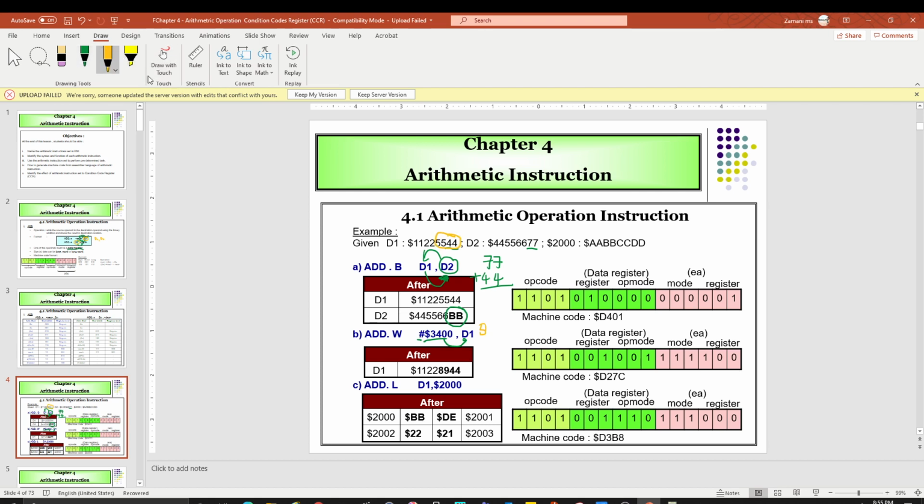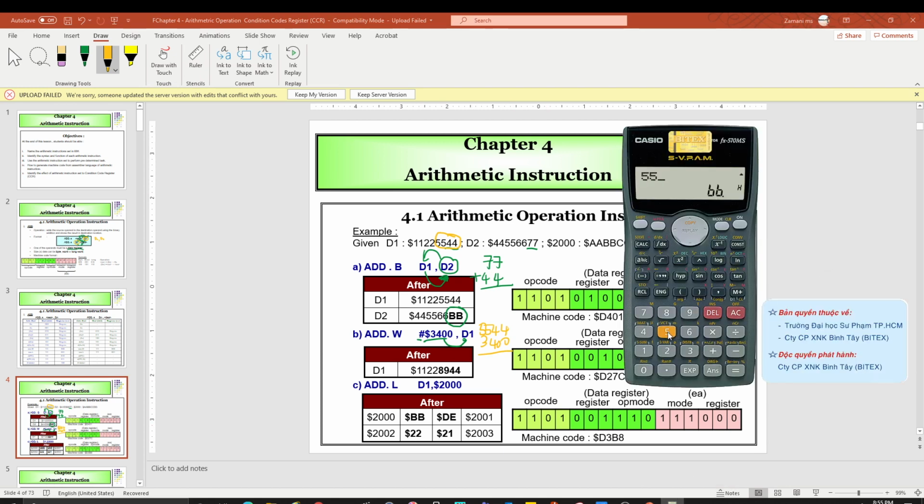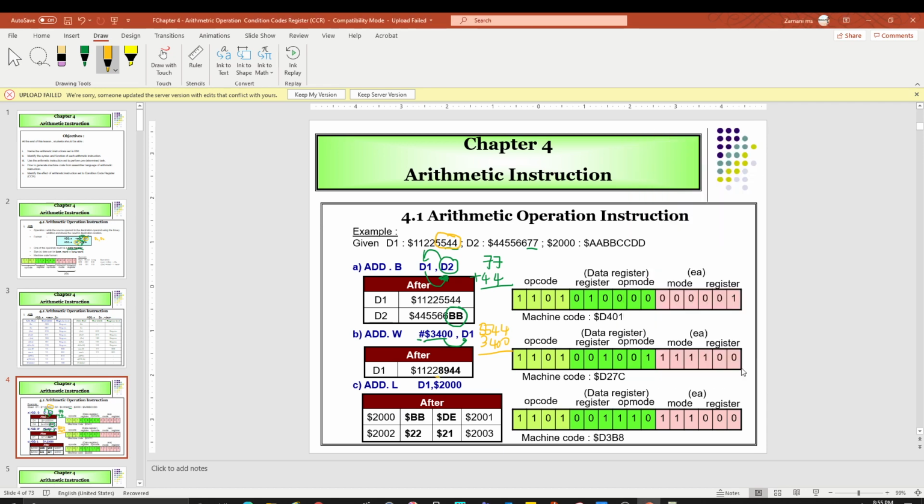So 5544 plus 3400 is equivalent to 8944, and the result is saved to D1 for the word size. So this is 8944.